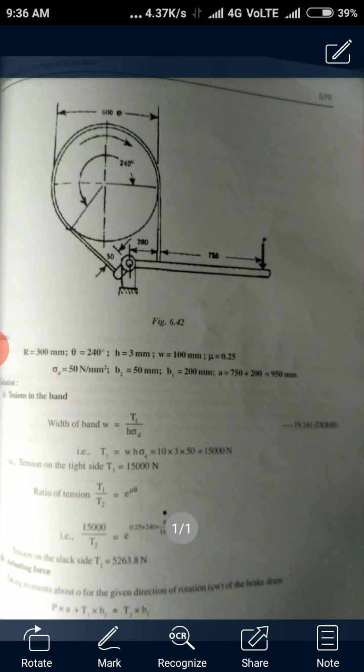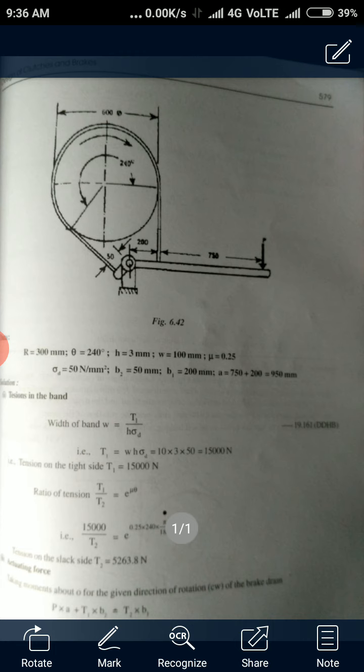Again, we take the moment about O here. Okay, but before that you need to understand where T1 and T2 are. Since it is rotating clockwise, T1 is at the left side portion, T2 is at the right side portion of the band, and the T1, T2 direction will be upward, F is always acting downward.